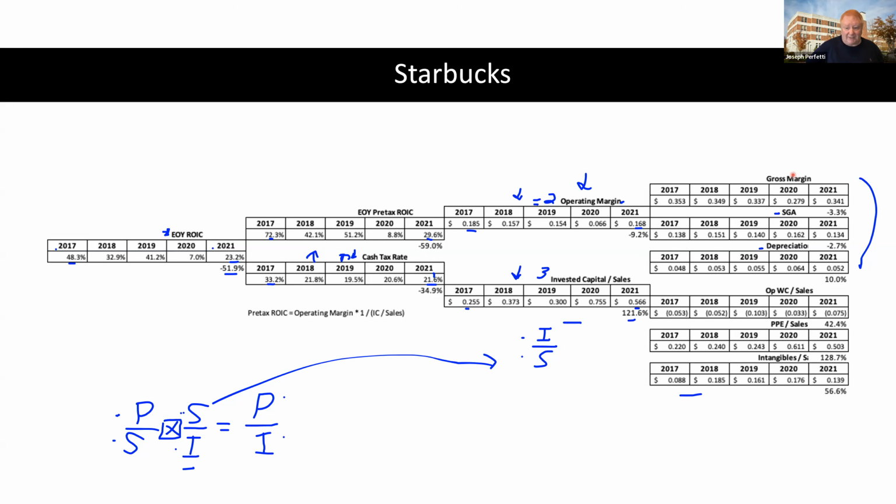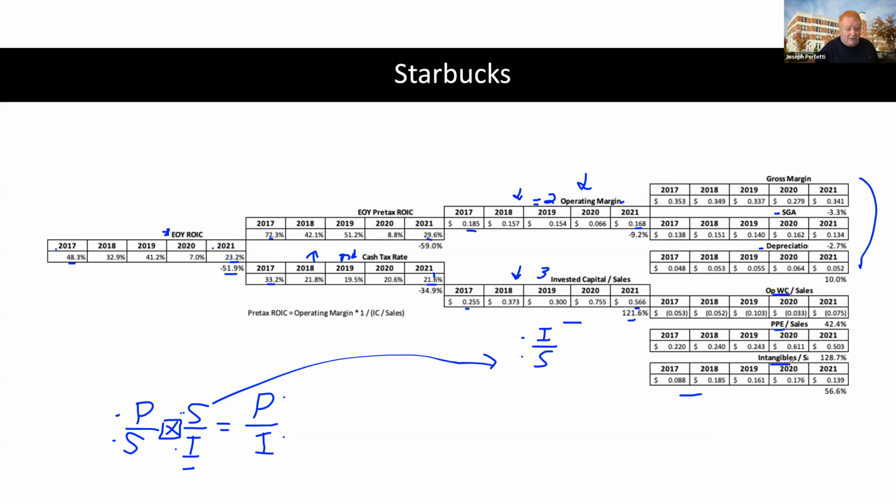Next, we'll do the second level driver for the balance sheet. Balance sheet is invested capital, or rearranged balance sheet, or TFI. The balance sheet has 3 primary drivers of invested capital. The first, operating working capital. The second, PP&E, property, plant, and equipment. That's the stores for Starbucks. Third, intangibles.